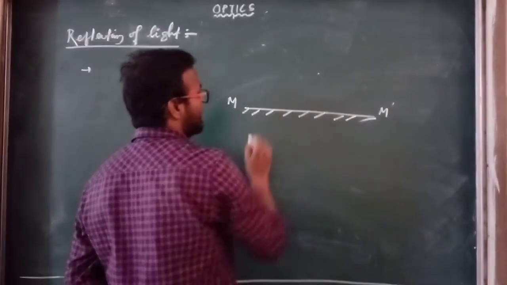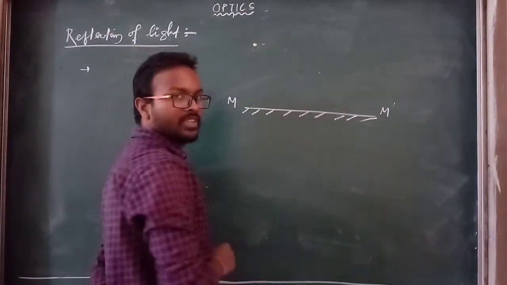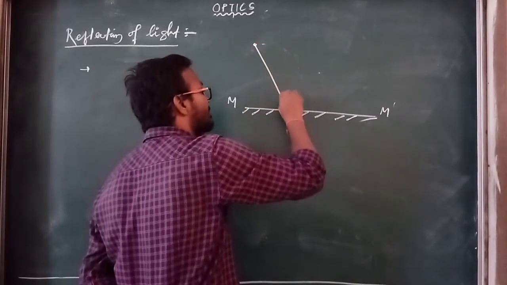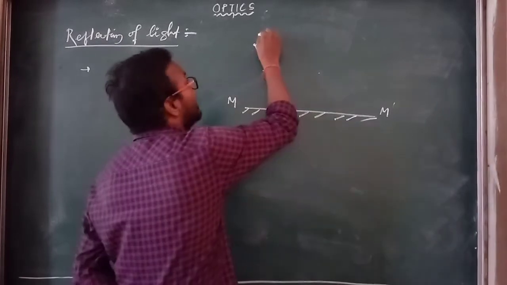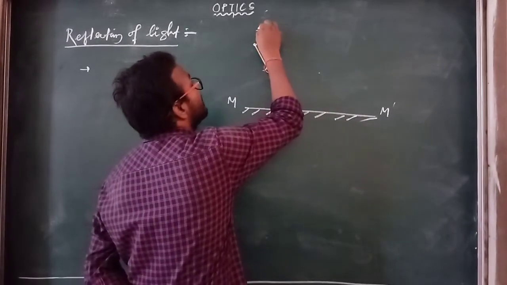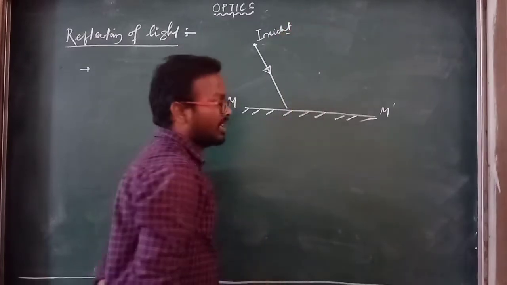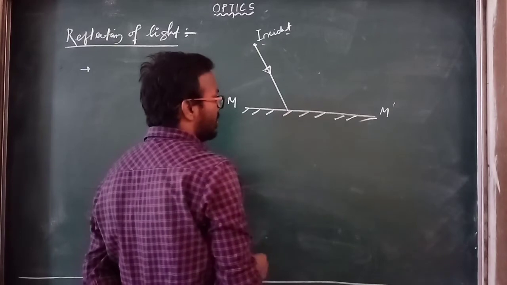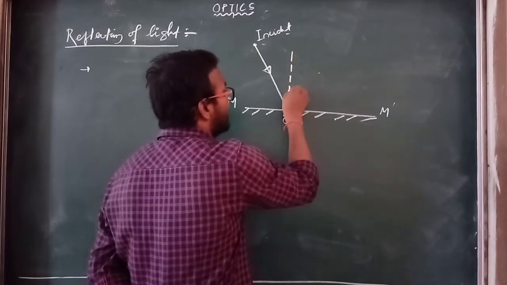This side is the reflecting side. Suppose there is a source or object whose light is incident in this direction. This is known as the incident ray, and the light strikes the mirror at this point O, where we have to make a normal.